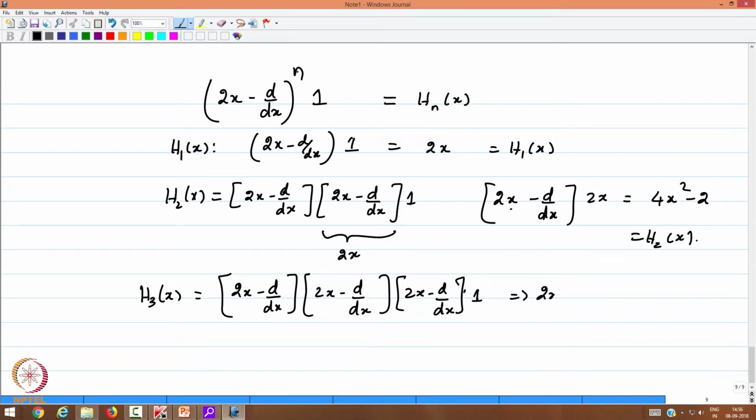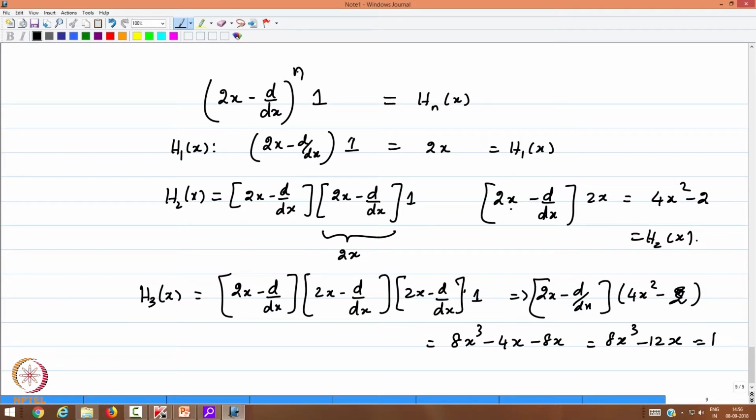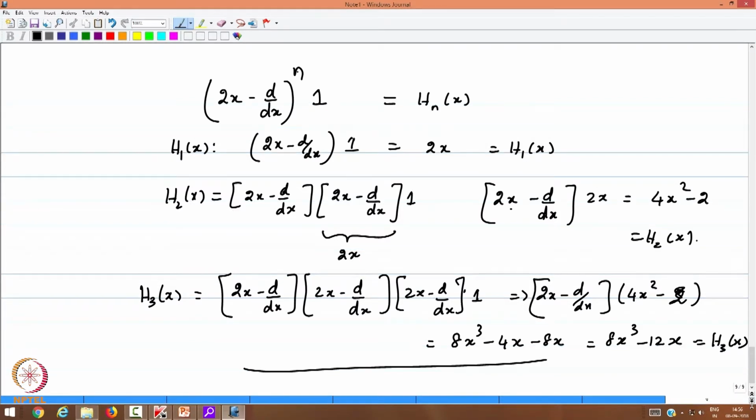Therefore, you have 2x minus d by dx on 4x square minus 2. 2x on 4x square gives you 8x cube, 2x on minus 2 gives you minus 4x, and the d by dx on 4x square gives you another 8x. So, that gives you 8x cube minus 12x, and that is H3 of x. Likewise you can carry this calculation for higher order polynomials.